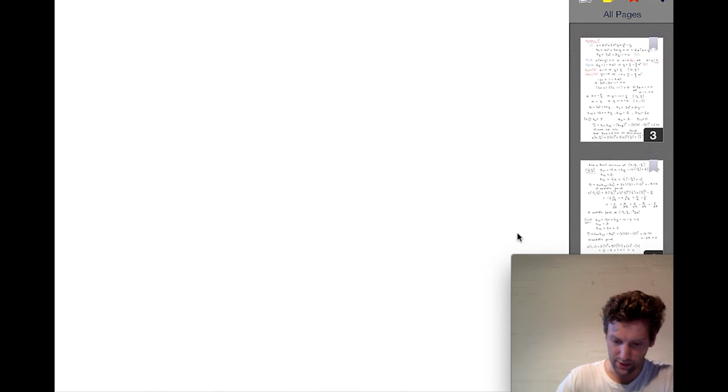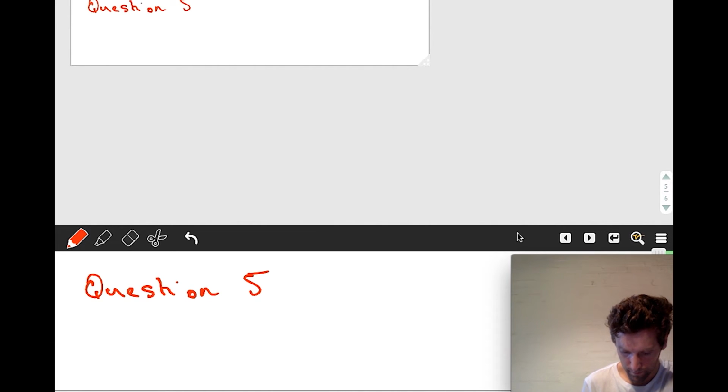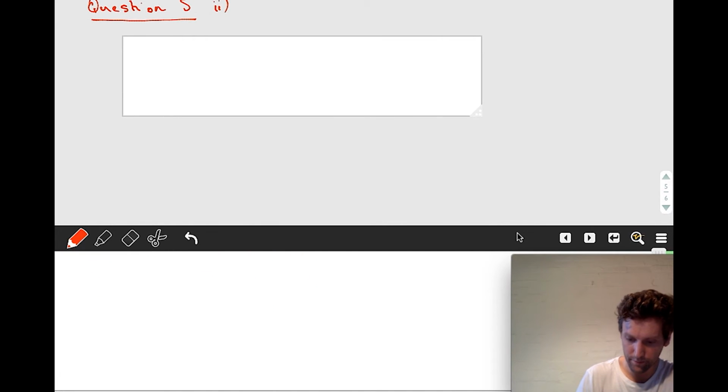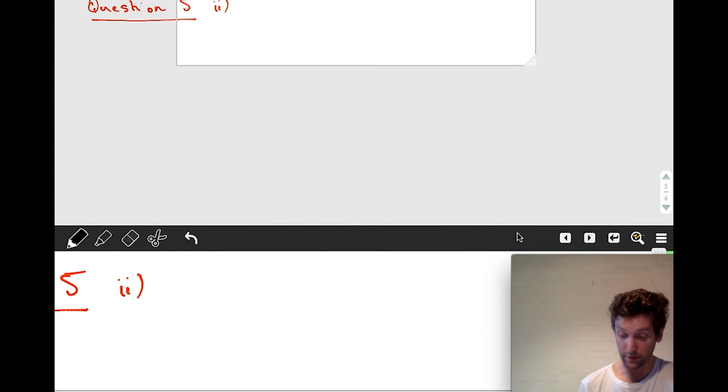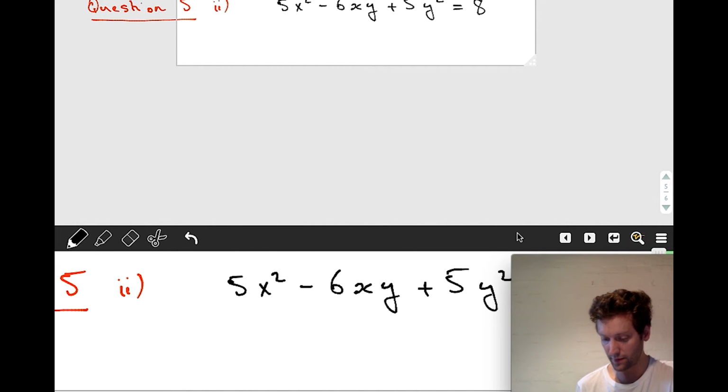So let's draw a little sketch of what's going on here. This is question 5, part 2. We have a formula for an ellipse. It's given by 5x squared minus 6xy plus 5y squared is equal to 8.